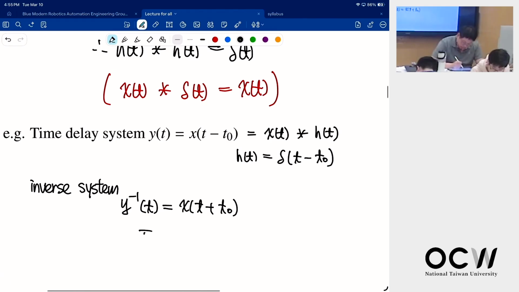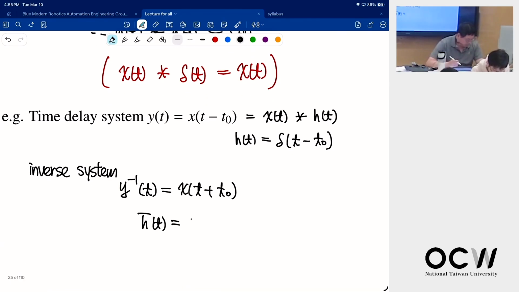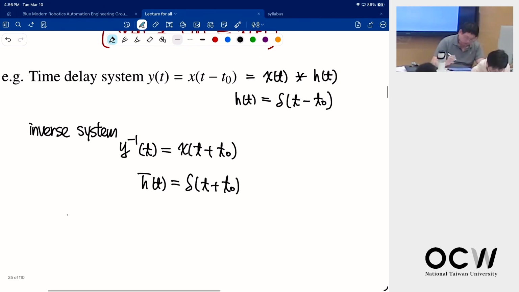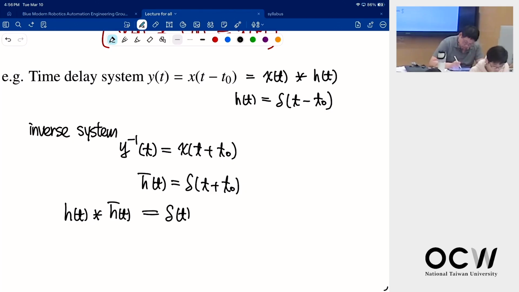So the system response is delta t plus t naught. Then we need to check h convolved h bar. Is this correct?